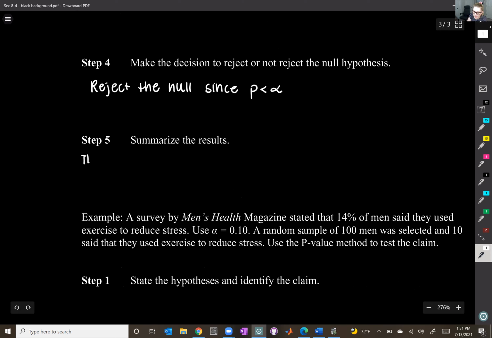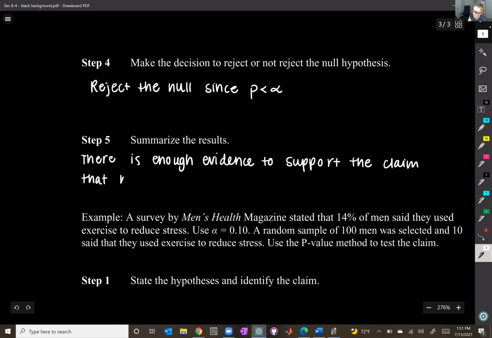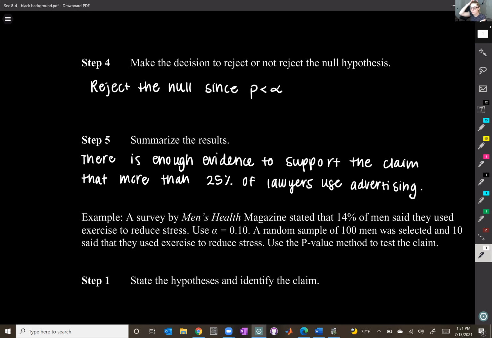So this means that there is enough evidence to support the claim that more than 25% of lawyers use advertising. And that is it for this problem.